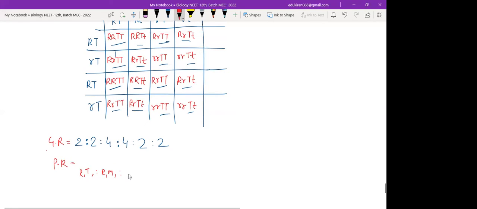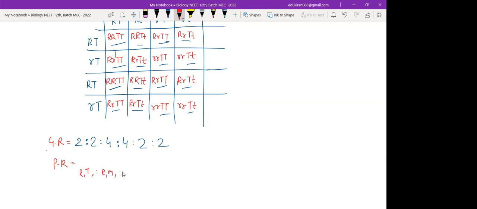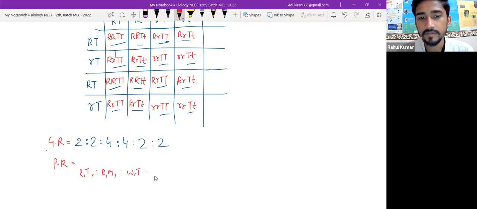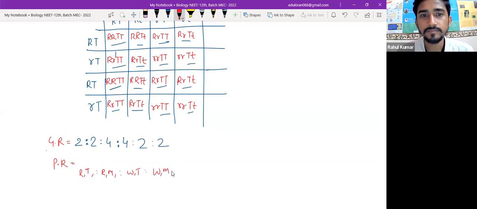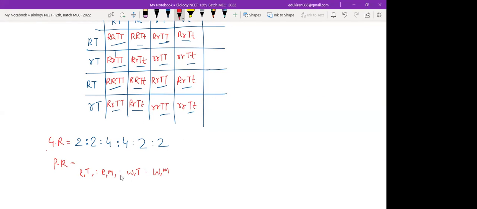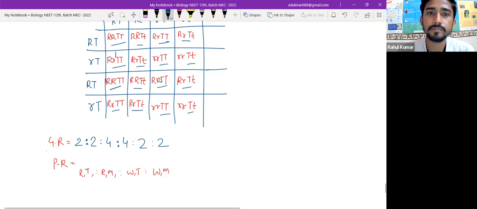Wrinkled and tall. Round and short, is it possible? No, sir. Then wrinkled and tall is possible, right? Yes. Wrinkled and medium is possible. Wrinkled and short is possible? No. There is no wrinkled short. So there are these four phenotypes possible. Now tell me the ratio.